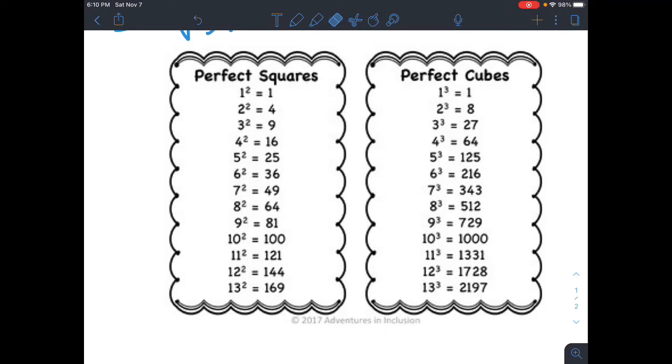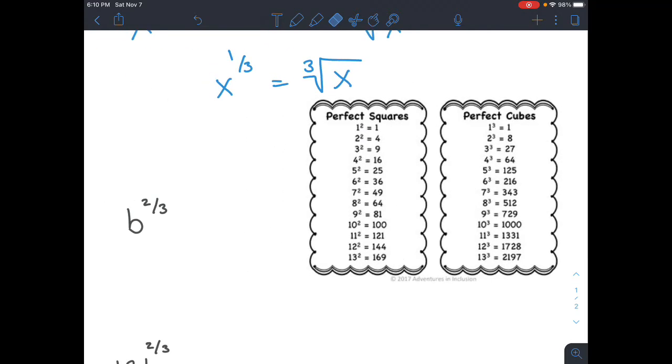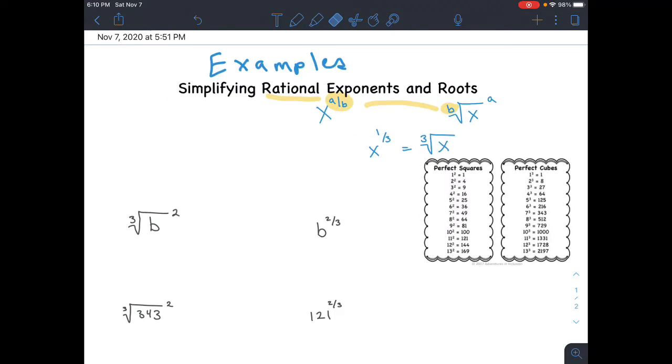If you don't have one, grab one off the internet. That's where I got this one. If you don't have the internet, I don't know how you're watching this video, but you could just use a calculator to guess and check your perfect cubes and squares if you don't have them memorized.